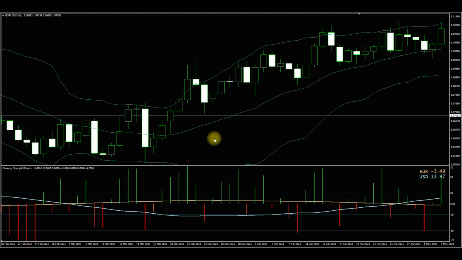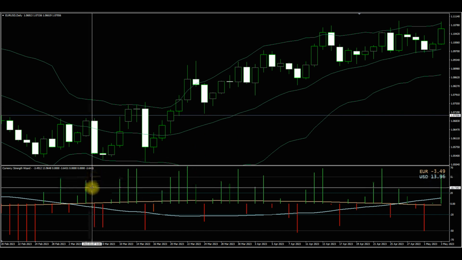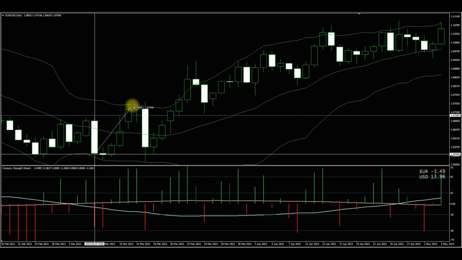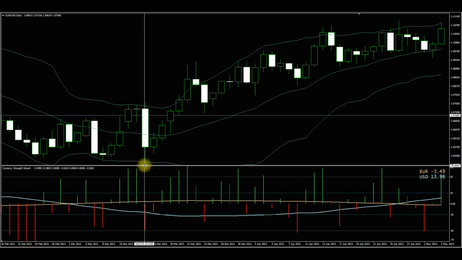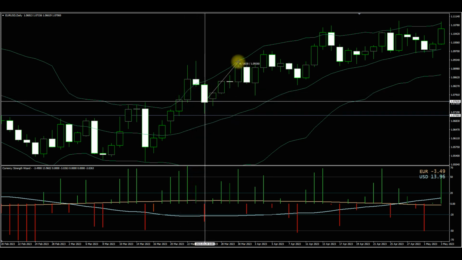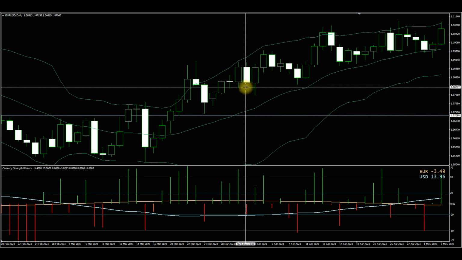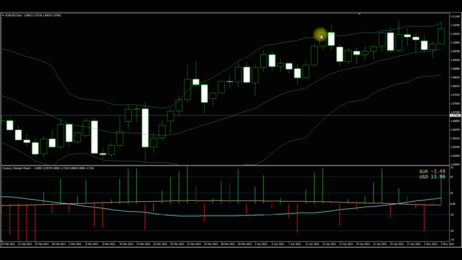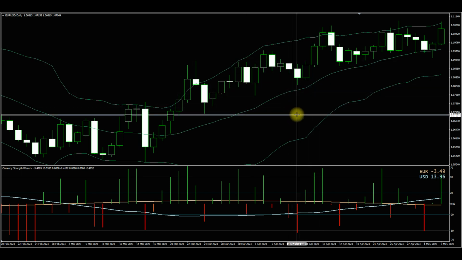For example, you entered the market with your buy trade here, exited here, entered here, exited here, entered here and exited here, entered here, exited here. So you can move with the trend using these bars.